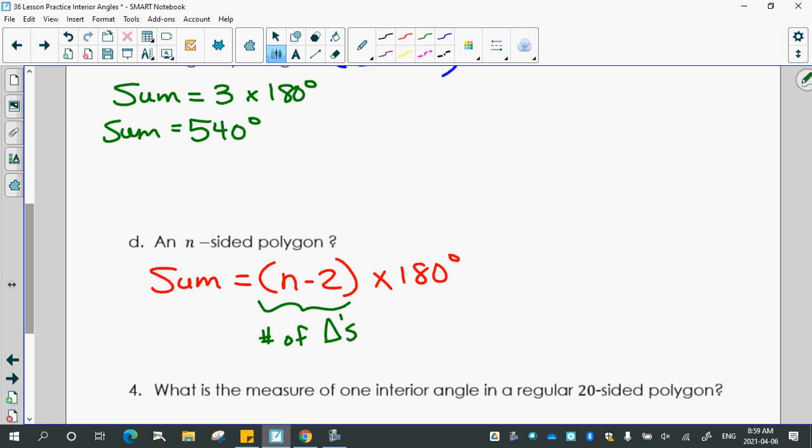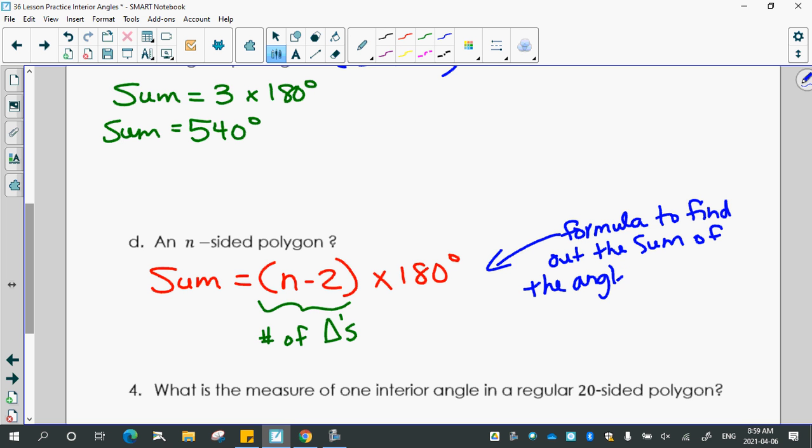Do you need to put the multiply by 180 or can you? No, you can just put it in brackets or right beside it. Okay? So this is an important formula. So this is the formula to find out the sum of the angles in a polygon with n sides.